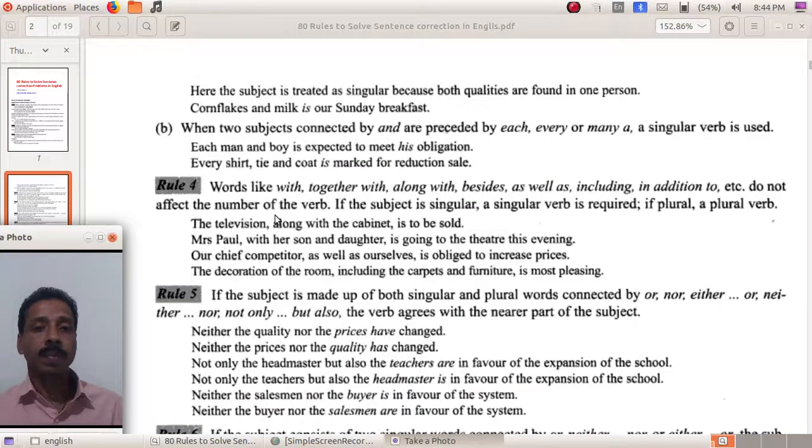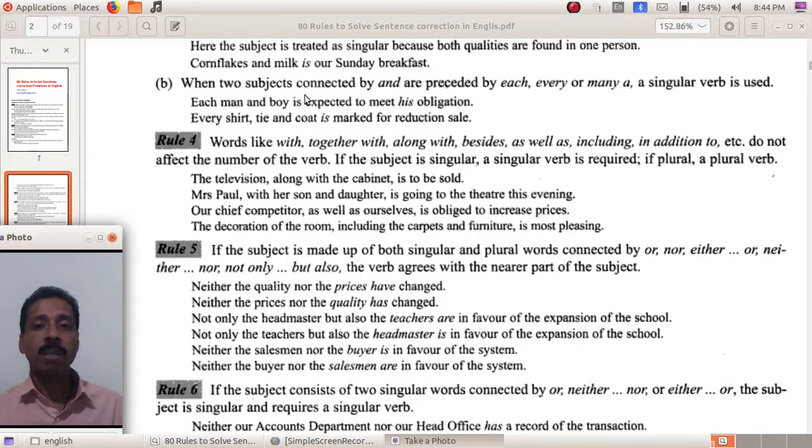Then, when two subjects connected by and are preceded by each, every or many, a singular verb is used. Which are the words? Each, every, many, a. If these words are there before the subject, what will happen? The verb will become singular. So, each man and boy is expected to meet his obligation.